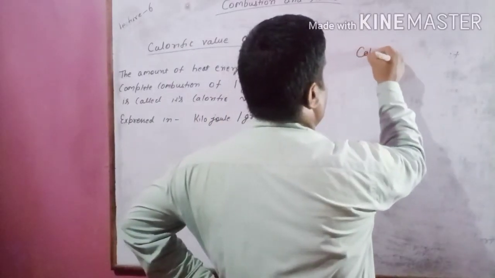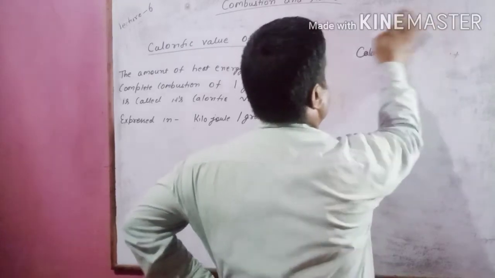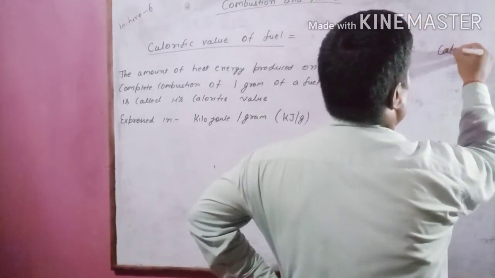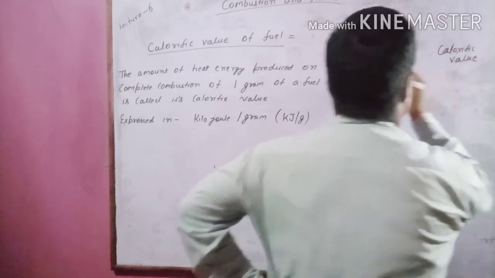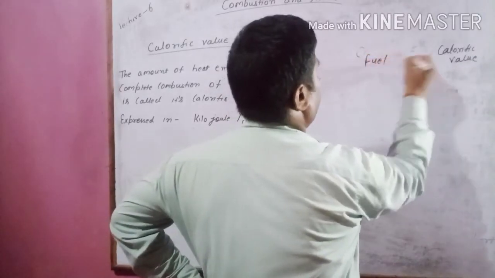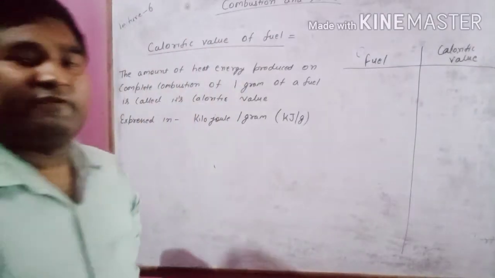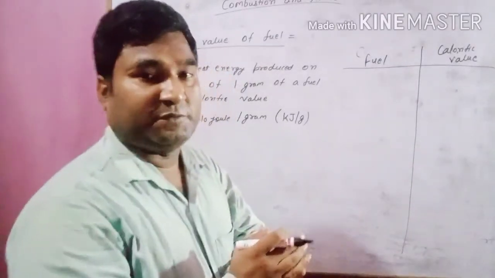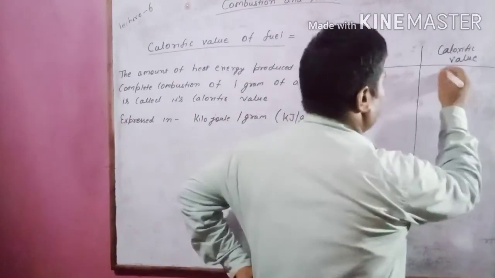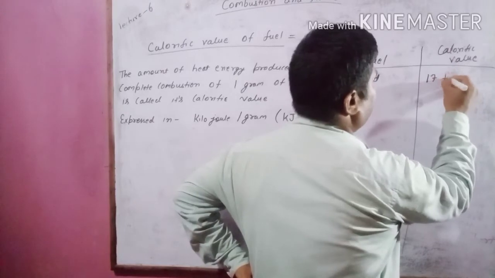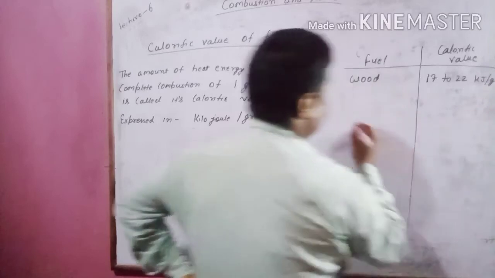Okay, so the calorific value of some fuels. Some fuels whose calorific values you have to see. For example, wood has a calorific value of 17 to 22 kilojoule per gram.